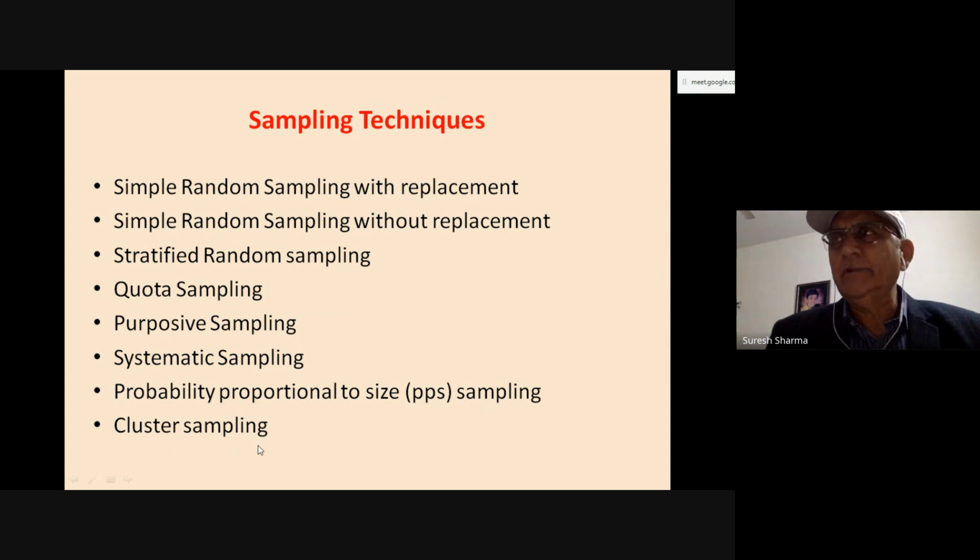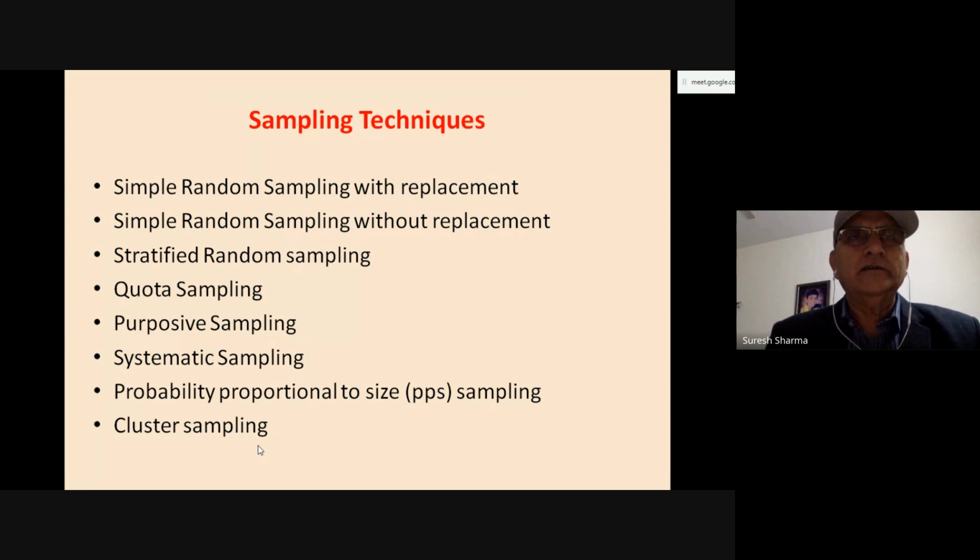Then there is cluster sampling. Sometimes there are budget constraints, there are time constraints. I cannot cover all the districts, but I can divide the districts into groups which are a little bit similar.